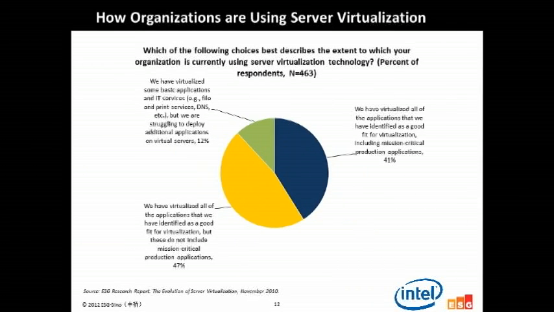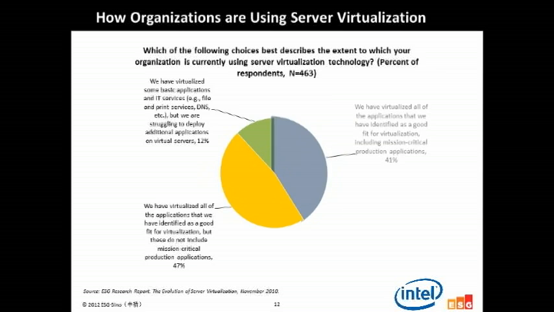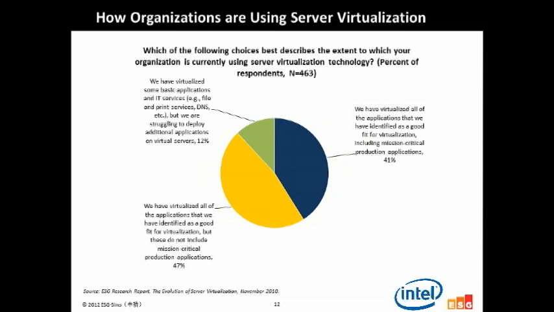With server virtualization progress, it can support 32 vCPU and 1 TB vRAM, which is sufficient to deal with much of the Tier 1 application requirement. However, based on our results, only 41% of the respondents indicated they already deploy server virtualization for all workloads, including mission critical. 47% of the respondents indicate they deploy server virtualization only for non-mission critical production applications.